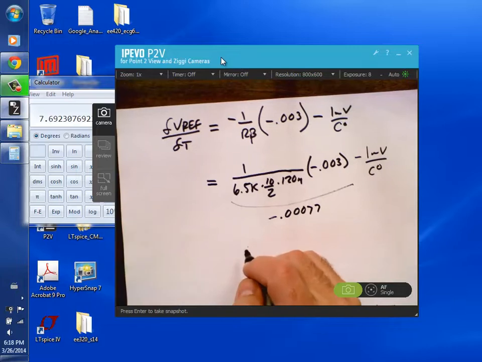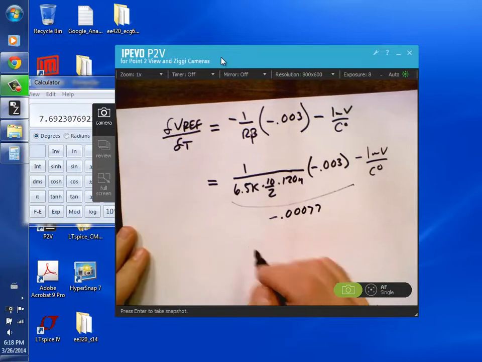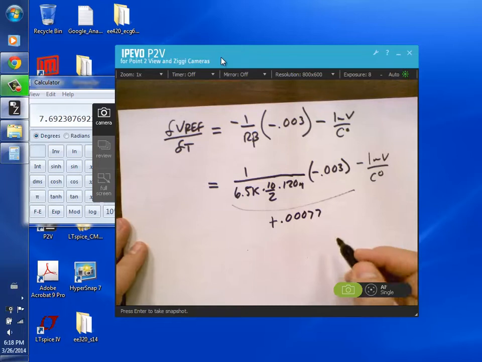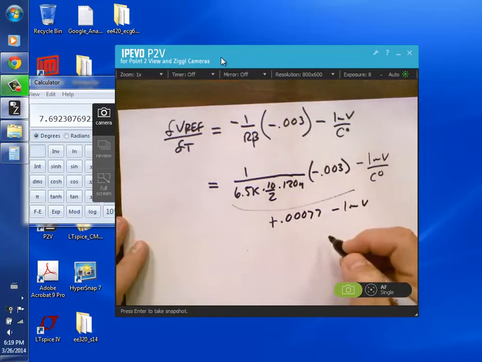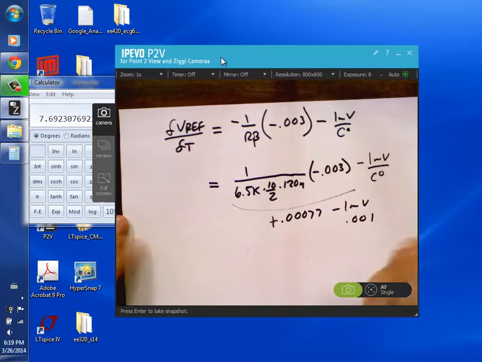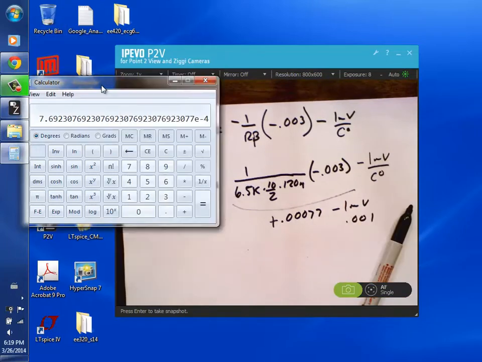So where? Oh, yeah, thank you. So that's plus and minus 1 millivolt, which is 0.001. So let me just go ahead and see what that is.